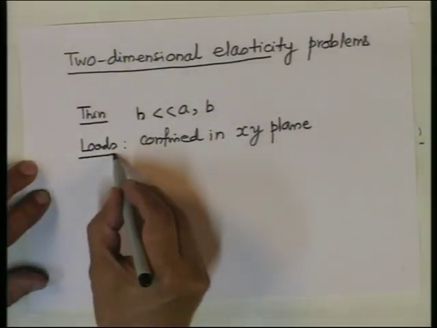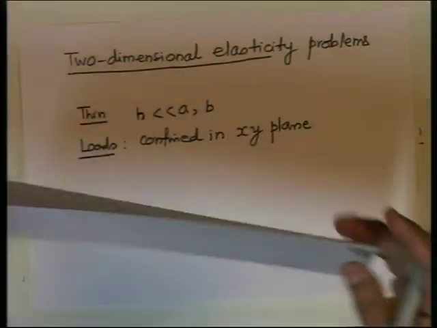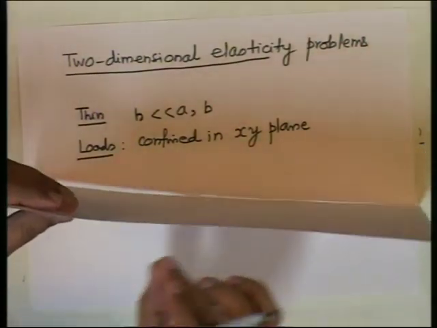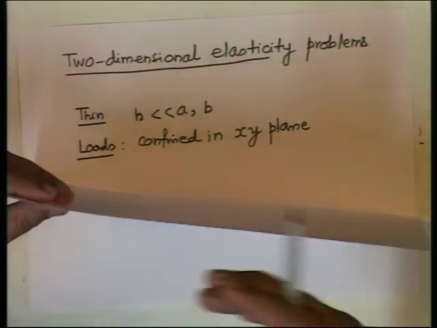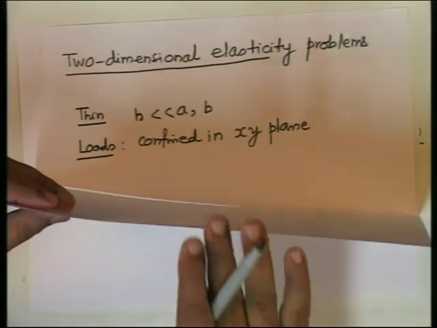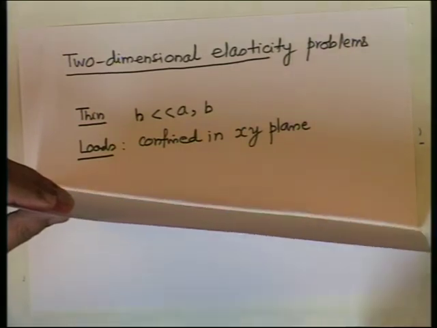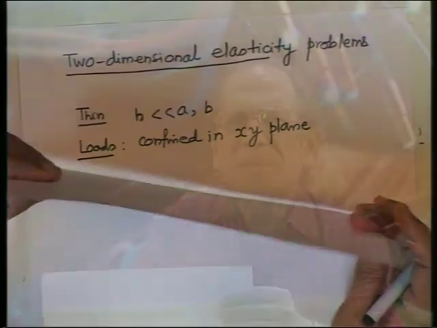In that case, the state of stress that exists in this body does not change with the thickness, because the thickness is so small, so variation of any quantity with respect to z is not there. And all the stresses that exist in this are planar.